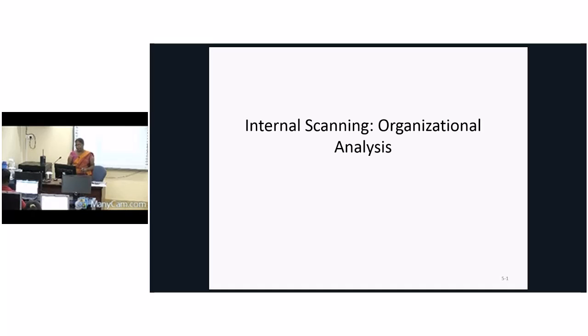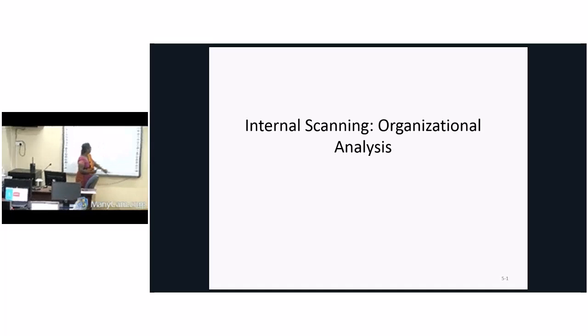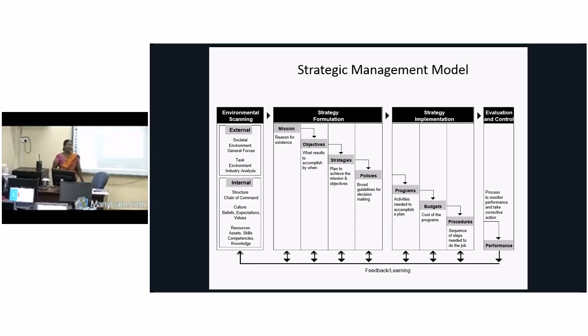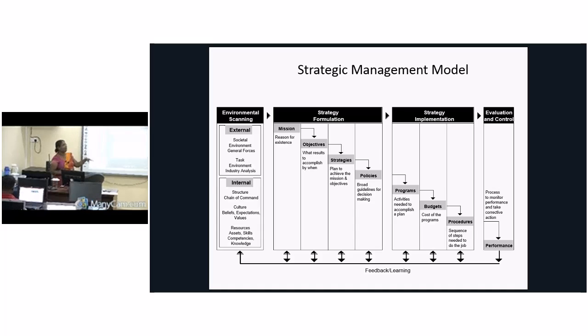If you refer to the previous strategic management model, last day I told you how this strategic management process flows, right?